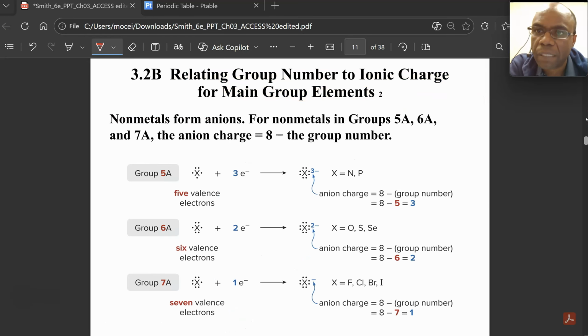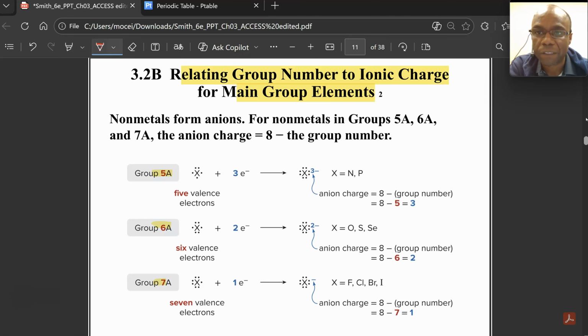Now, what about the anions? How does the charge on anions relate to the main group elements? Anions start from 5A, going to 6A and 7A. Let us look at how their anionic charge relates to where these elements are found in the periodic table.